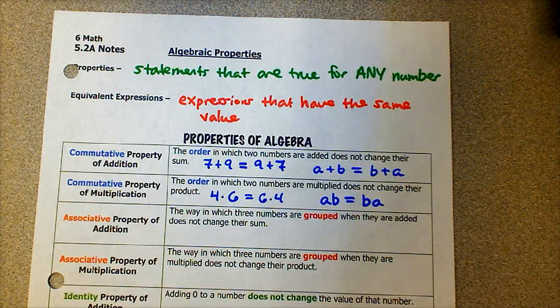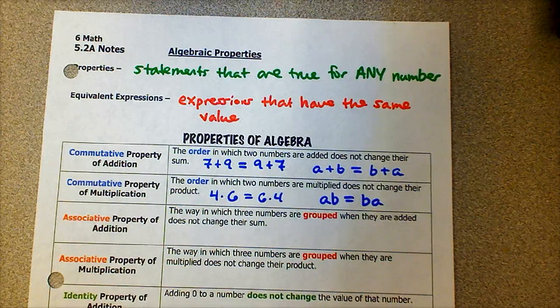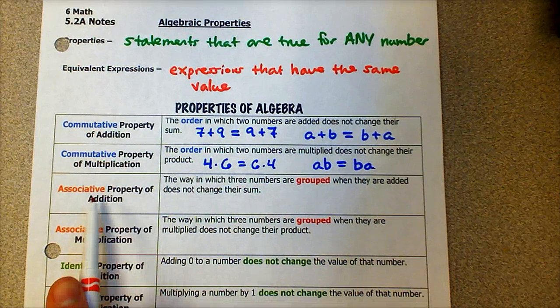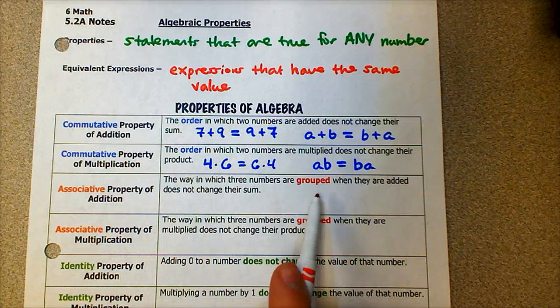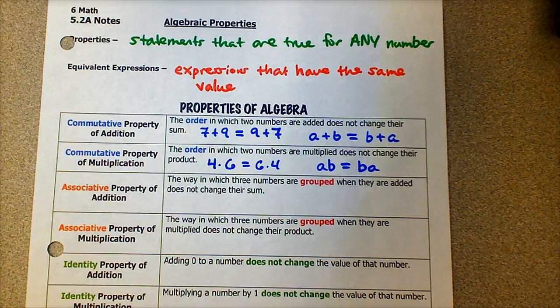The associative properties, also for addition and multiplication, refer to the grouping of numbers. So the associative property of addition says the way in which 3 numbers are grouped when they are added does not change their sum.